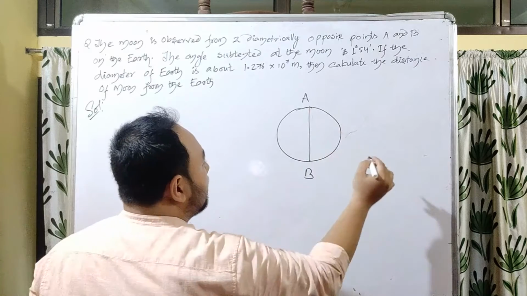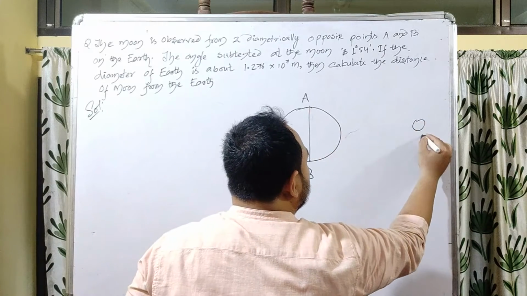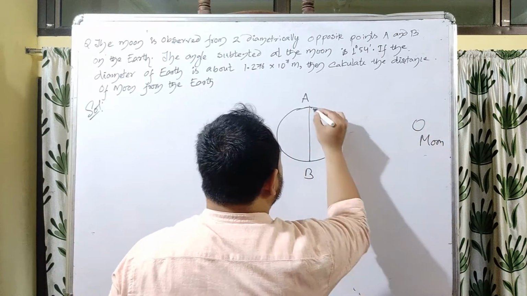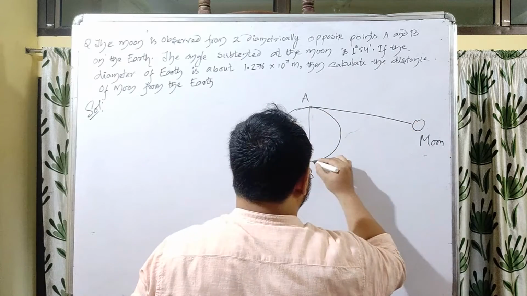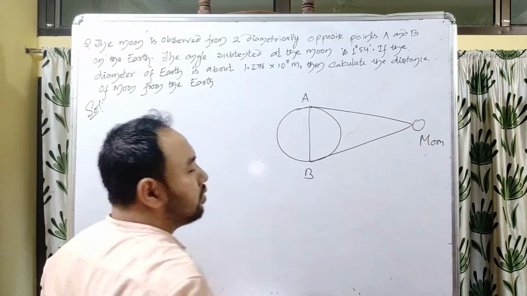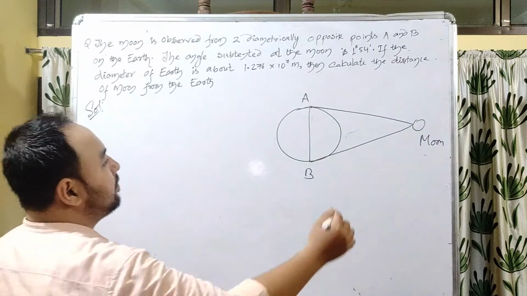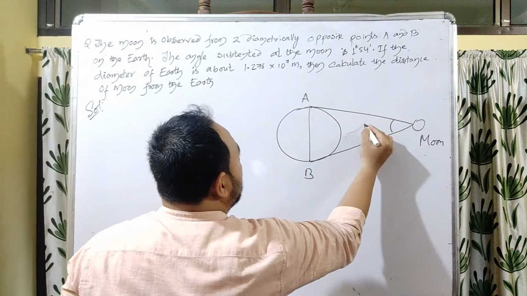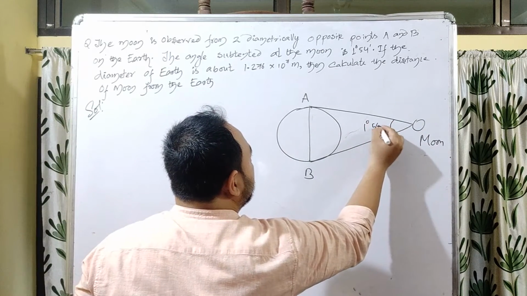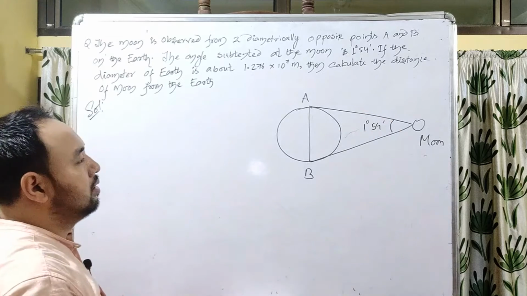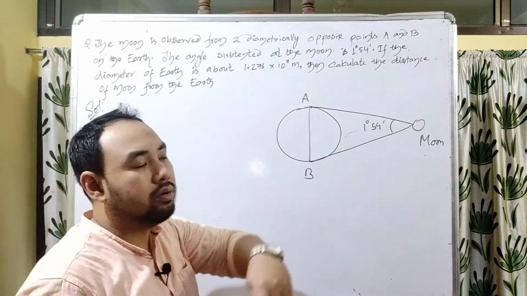And here it is the moon. This parallax angle is given as 1 degree 54 minutes. Now we have to convert this into radian.